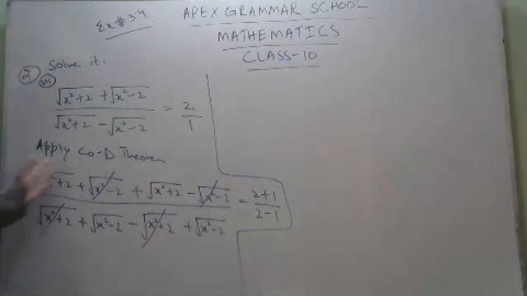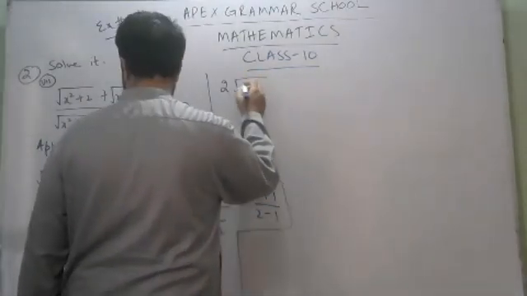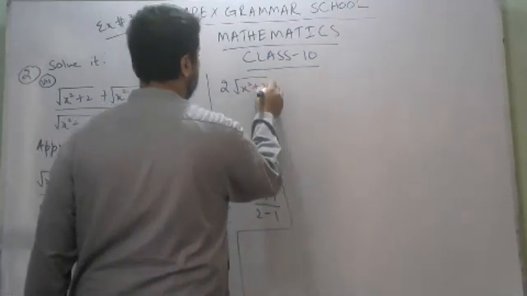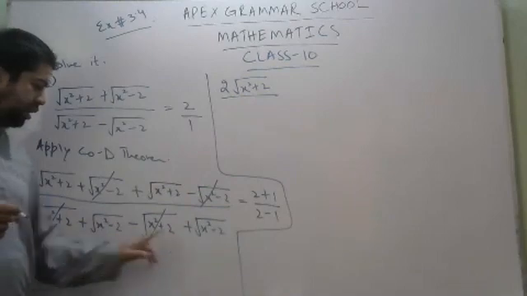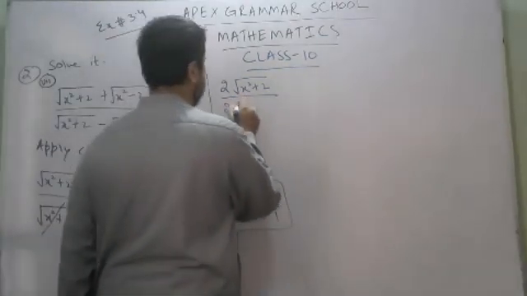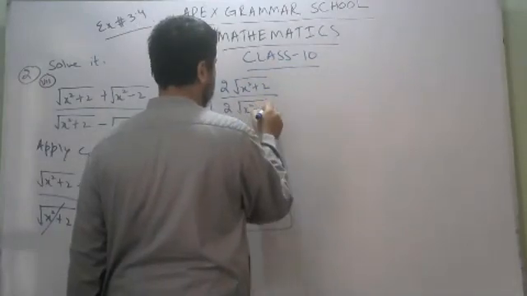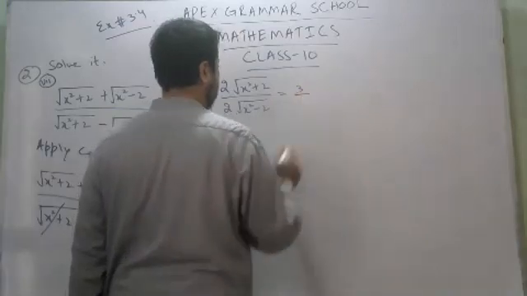Its coefficient is 1 and its coefficient is also 1, so 1 plus 1 is 2. Square root x square plus 2, and for the denominator, positive 1 and positive 1 make 2 after addition, square root x square minus 2. 2 plus 1 answer is 3, 2 minus 1 answer is 1.